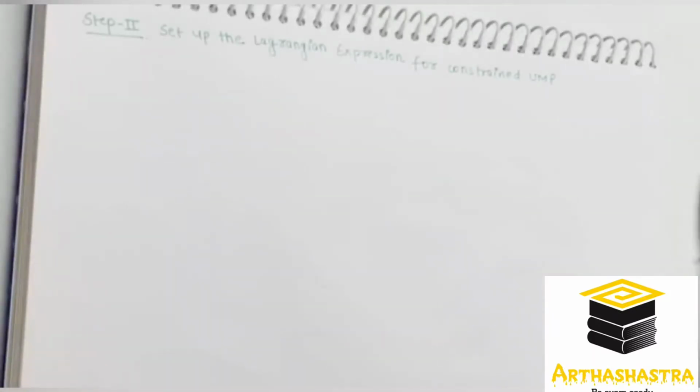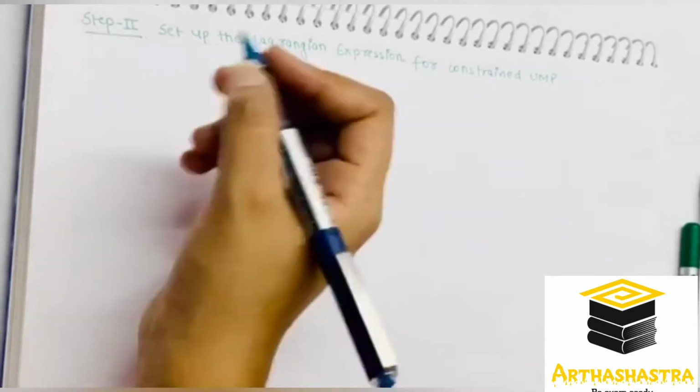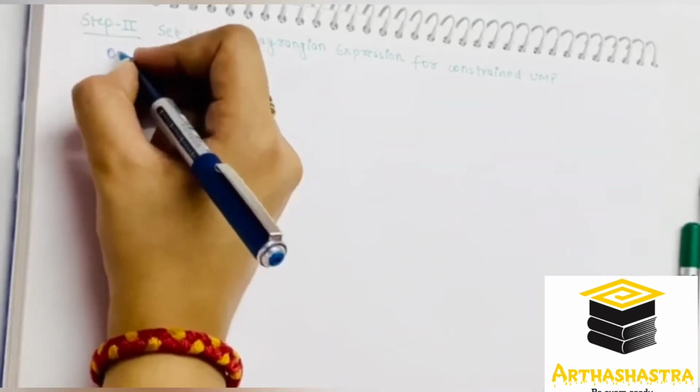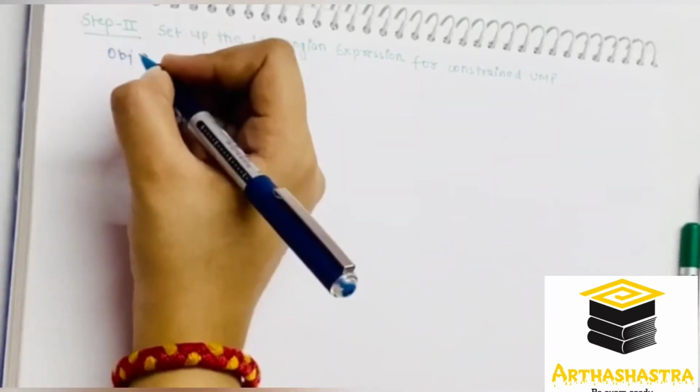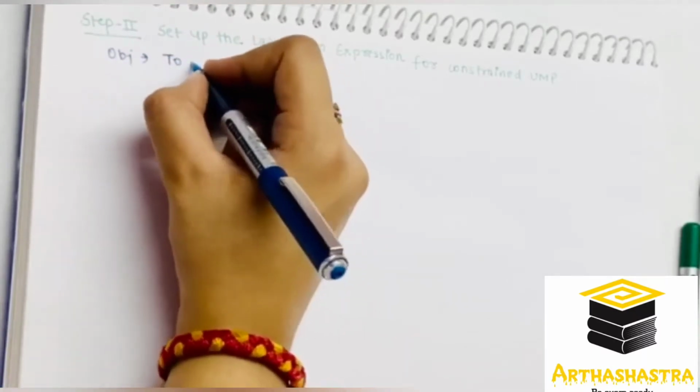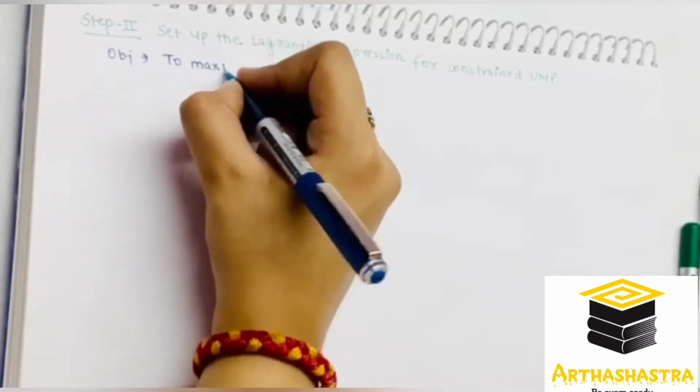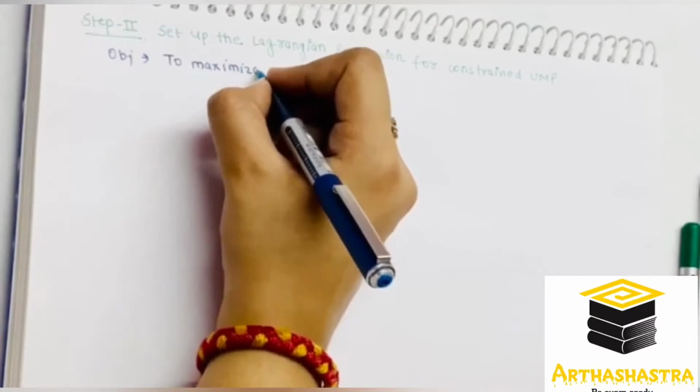Whenever we encounter any maximization problem or a minimization problem, we have to set up the Lagrangian function. So what is our objective in setting up the Lagrangian function? Our objective is to maximize, because we are encountering the maximization problem of utility.